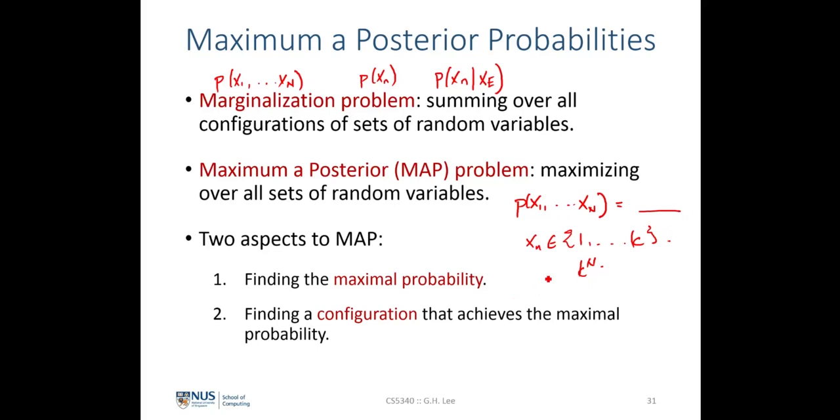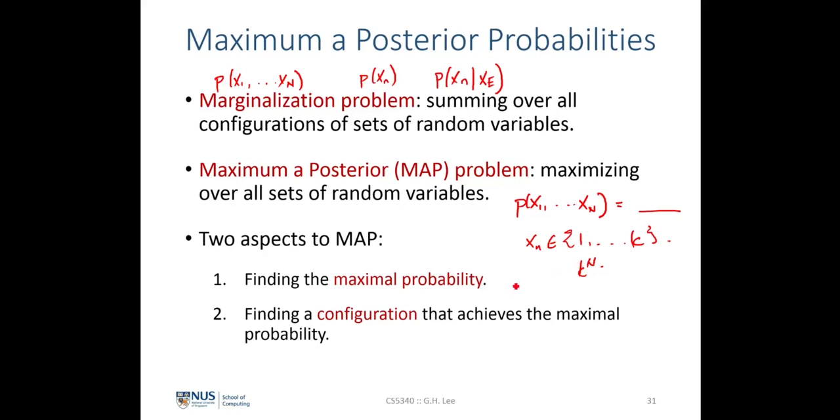Finding the maximal probability means that I want to find the value which gives me the maximal probability over all the possible combinations of the states of the random variables.